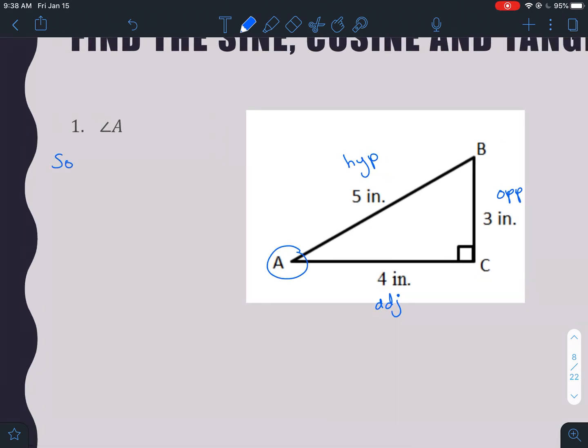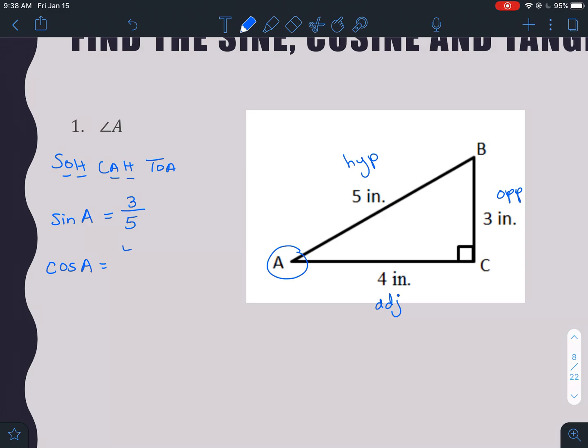So remember, we have SOH CAH TOA. So the sine of angle A is going to equal opposite over hypotenuse. Well, the opposite side is 3, and the hypotenuse is 5. So the sine of angle A is going to equal 3 over 5. The cosine of angle A, well, cosine is adjacent over hypotenuse.